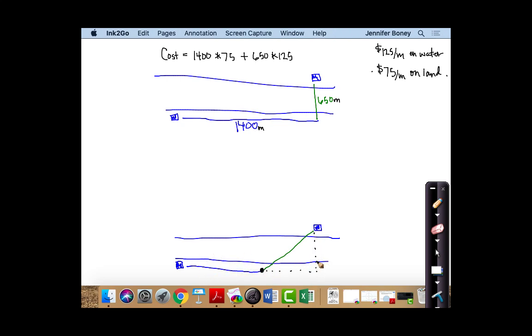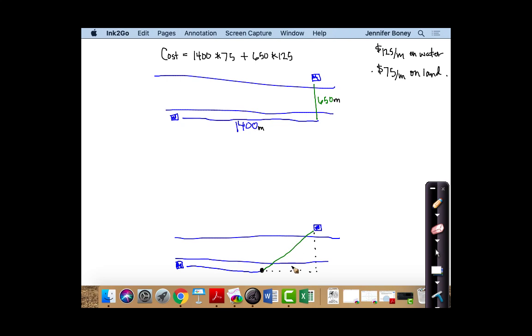And then this length is 650, and I can find the length of the hypotenuse. If this is 800, then this is 600. And then this is still 650, and I can find the length of the hypotenuse. So if you know one of these lengths, then you know the other one by subtracting, and you can find the hypotenuse from the Pythagorean theorem, and thus find the other length that you needed.